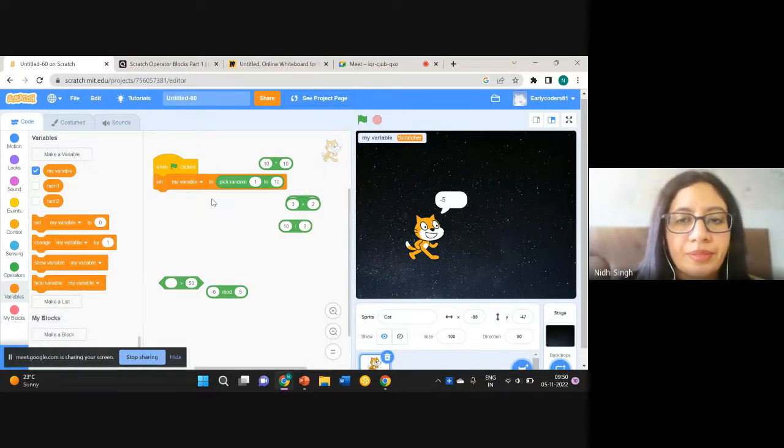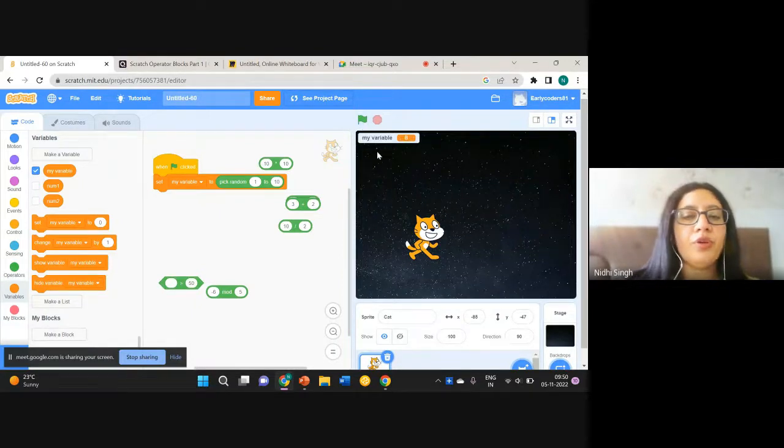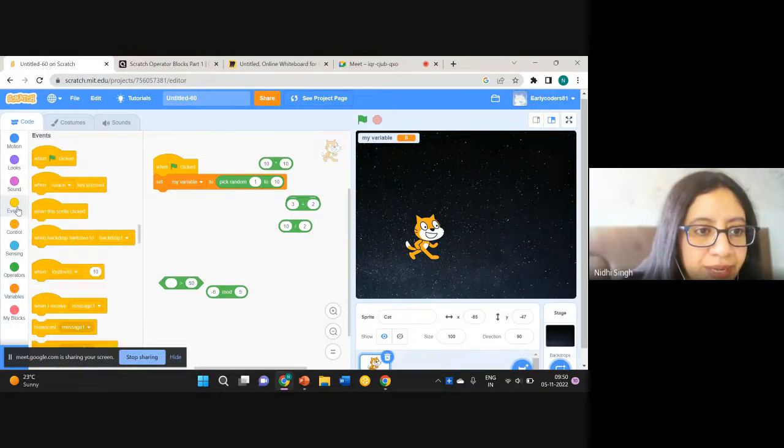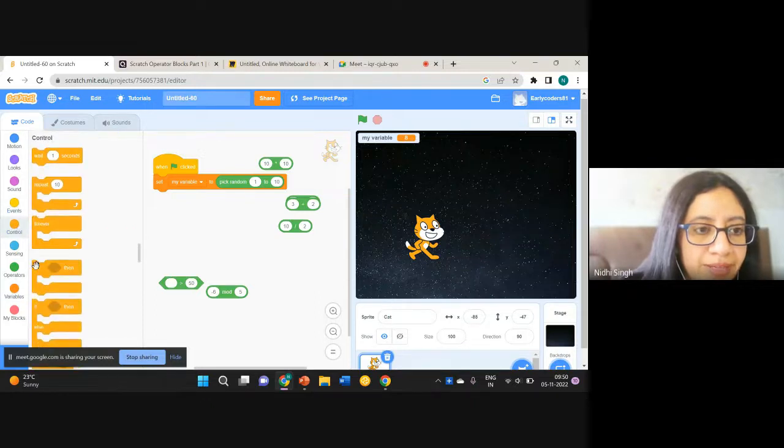Okay. So let's say randomly 8 is generated. I'm bringing 3 if blocks.